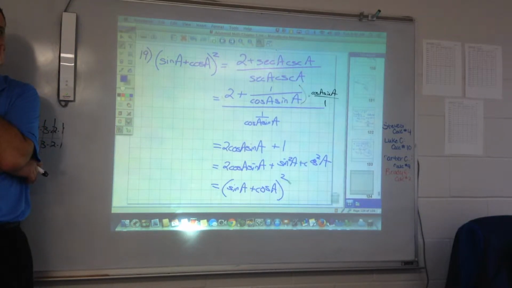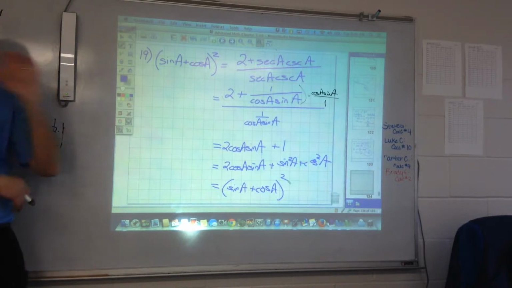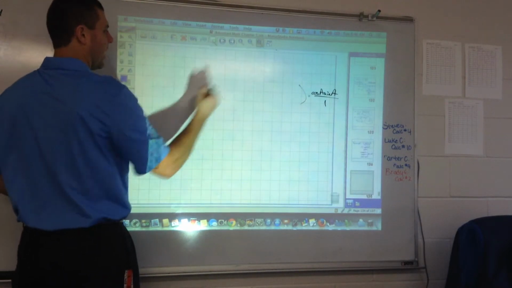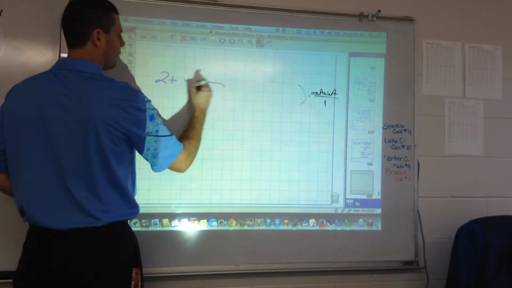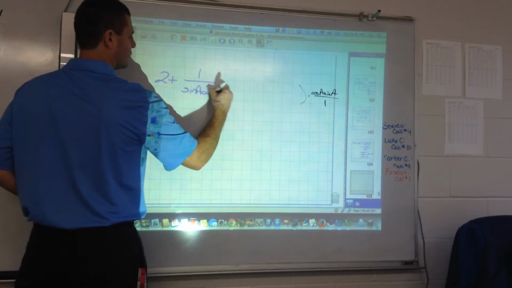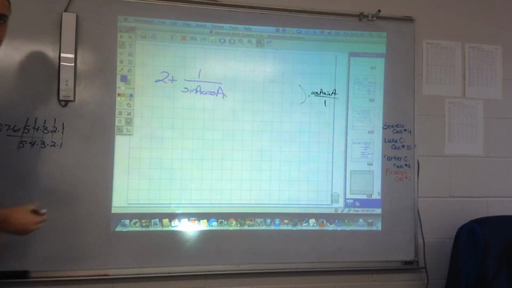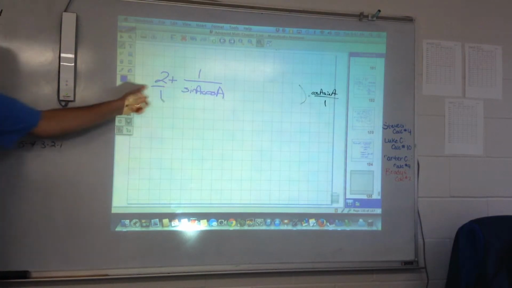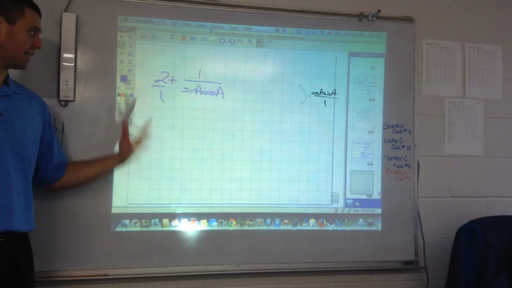Can we go over the way if we have to take the top of it and have a common denominator? If I wanted to add 2 plus 1 over sine A cosine A, this 2 is over a 1 in a sense, right? In order to add these two fractions together, I need a common denominator.